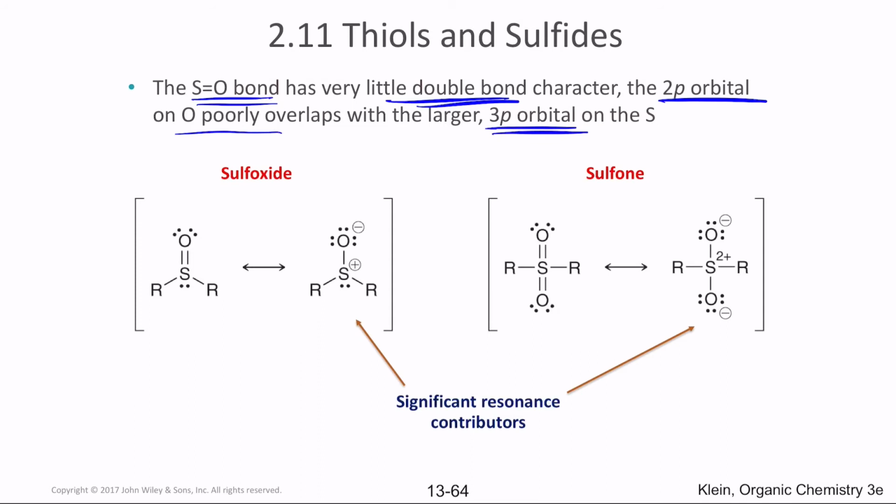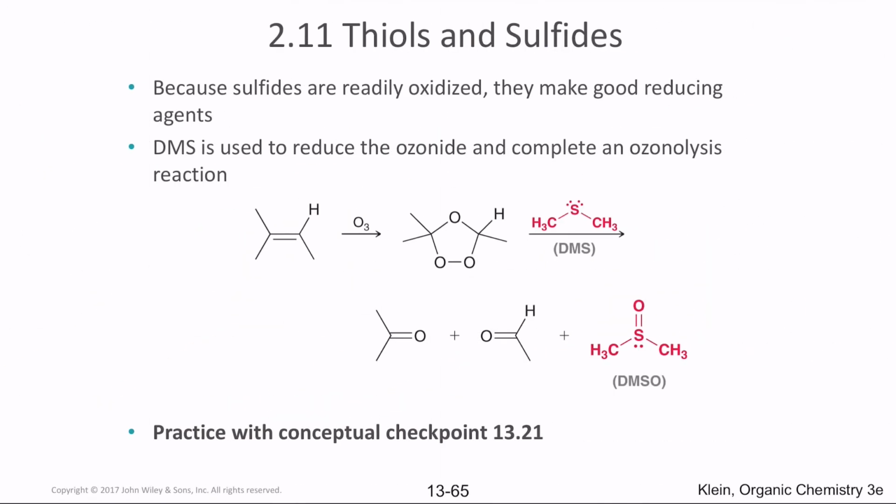So what happens is that it creates a resonance form where the oxygen takes up the electrons and forms the negative charge, and sulfur loses the electrons to form a positive charge. The same is true with sulfones, where the sulfur gets a higher positive charge with the oxygens getting the negative charge. So this is the characteristic of those compounds.